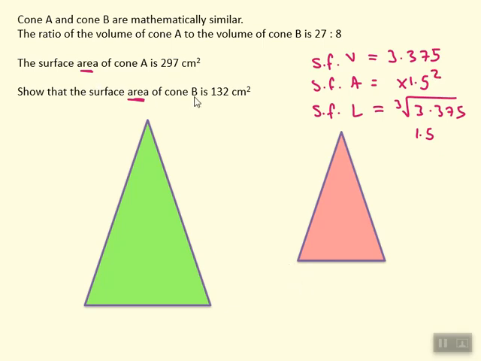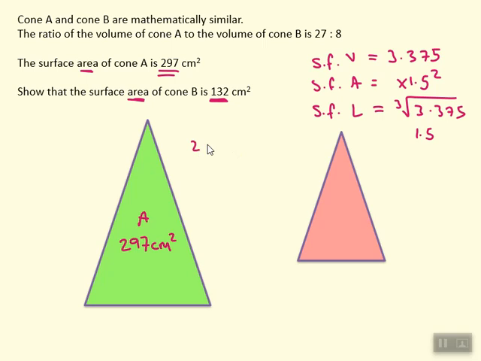Okay, now just to remember the direction. We are told we have to show that the area of the smaller one is 132. So the area is 297 centimeters squared for the larger one.